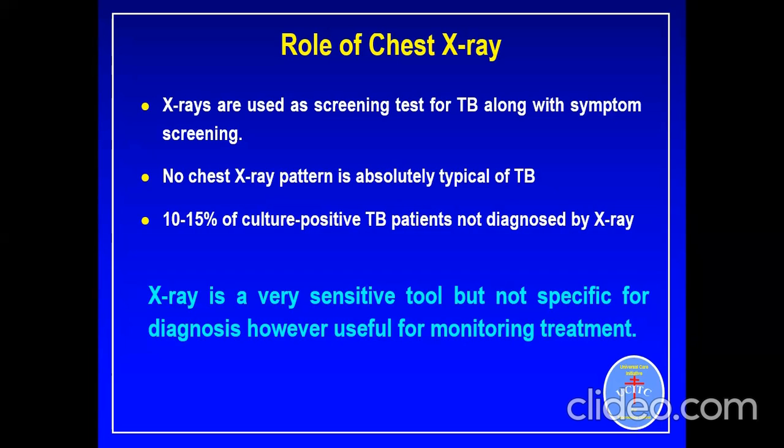So if it is regressing in 15 days, then you have to rethink unless it is proved bacteriologically. The only thing which will appear and disappear in 24 hours is your pleural effusion, because it can sometimes be due to hypersensitivity reaction to your tuberculosis proteins.